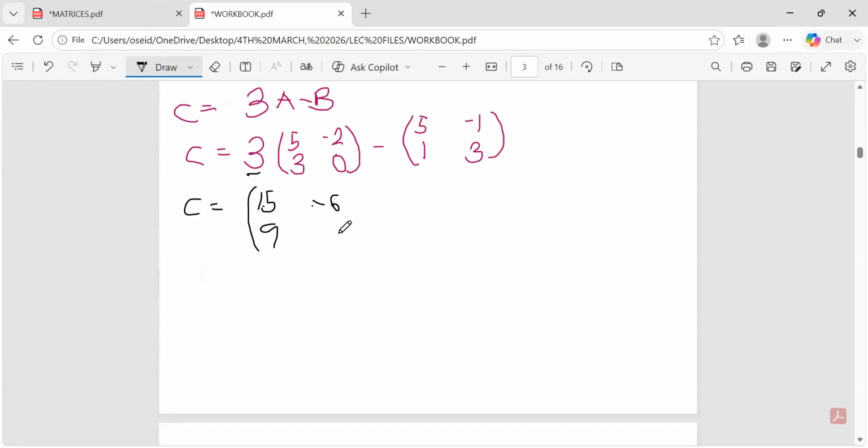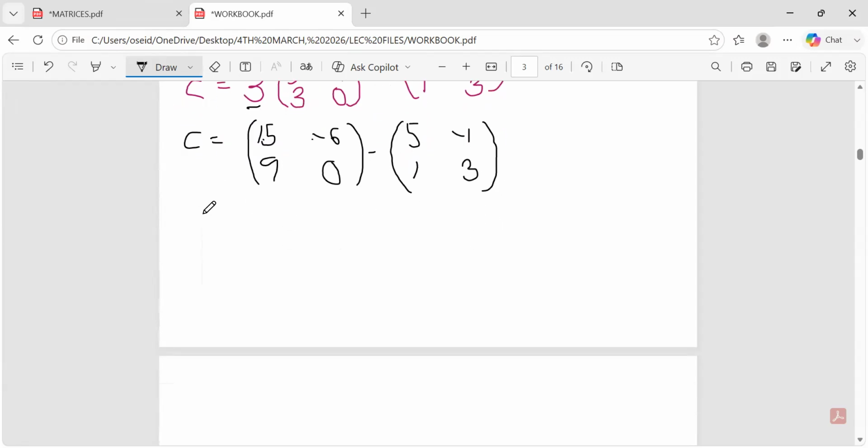Then 3 by 0 is 0 because any number times 0 is 0. Good. Then we have our matrix B, which is 5, 1, -1, 3.